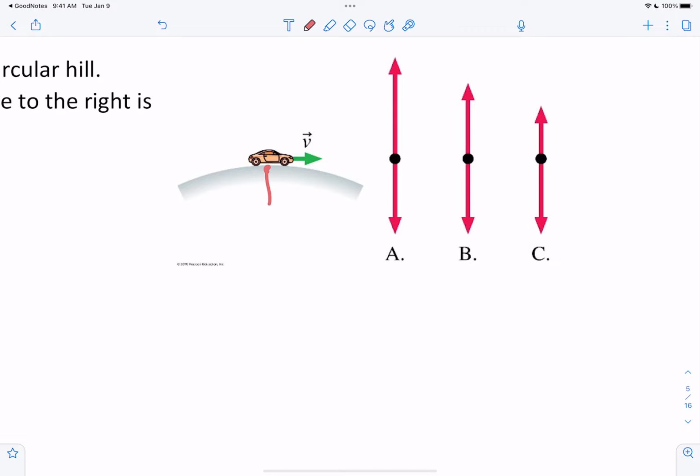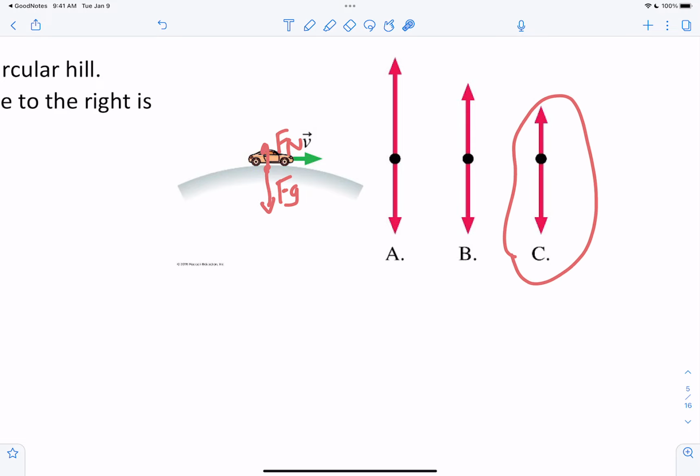In this case, there's gravity and there's normal force. Normal force is the contact force with the surface, and gravity is pulling us downward. So gravity has to be greater than normal force in order to offer a net force in the negative y direction, a centripetal acceleration pointed downwards towards the center of the circle. And that gives us an overall centripetal force, an overall net force towards the center, keeping us along that circular trajectory.